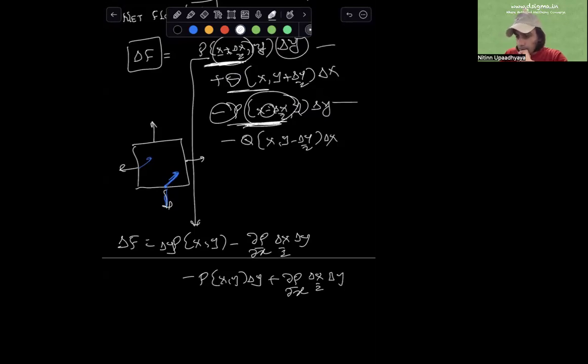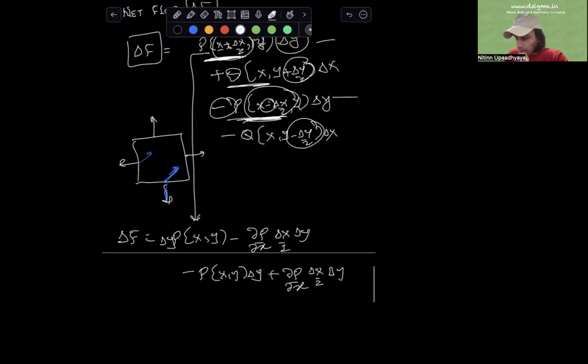Likewise, I can do a Taylor series expansion, centered around x, y, but this time expanding in the variable y, because for the q terms, it's only y which is changing. So I'll pick up a term which is q(x, y) del x plus ∂q/∂y del y by 2 del x.